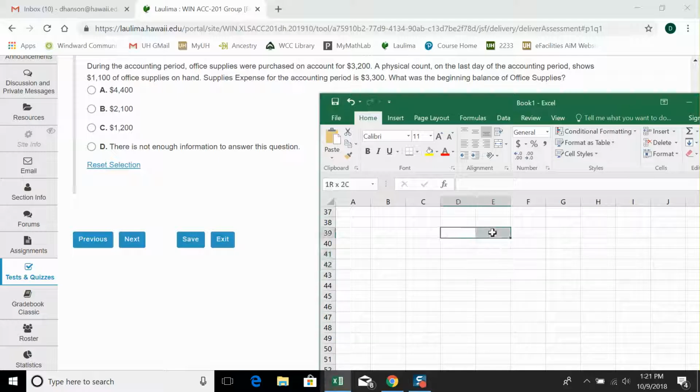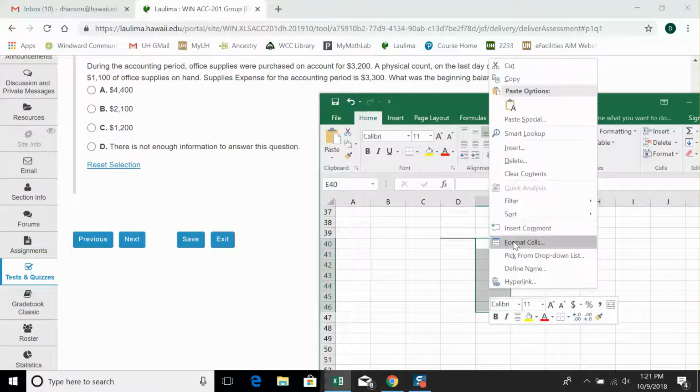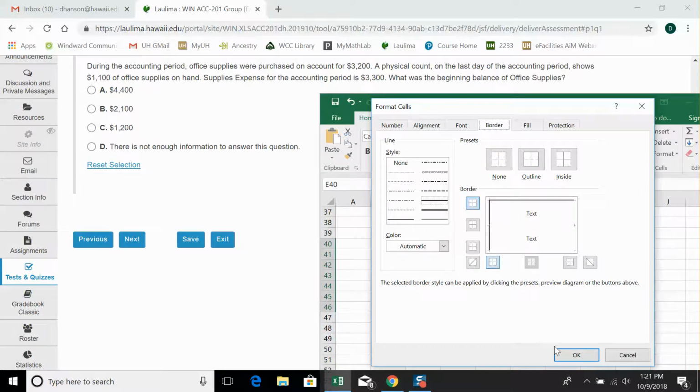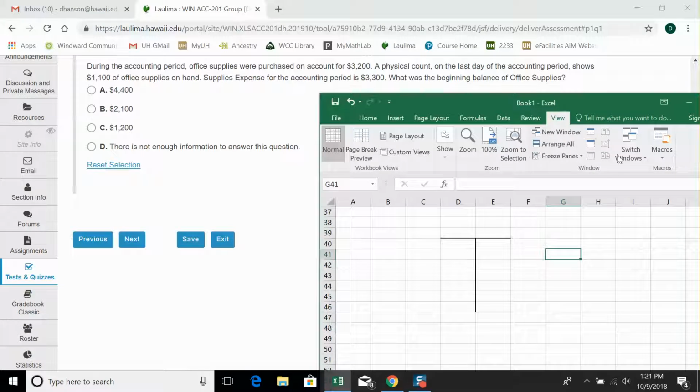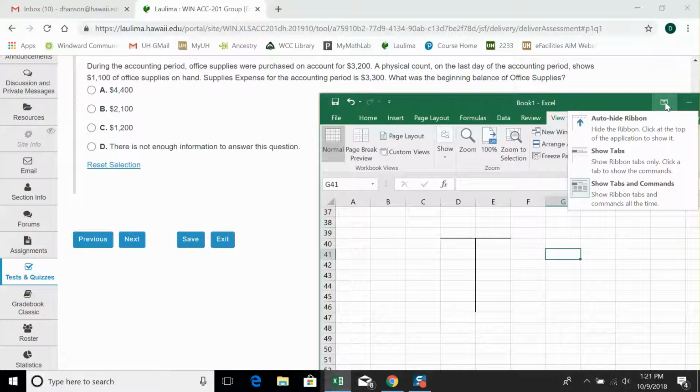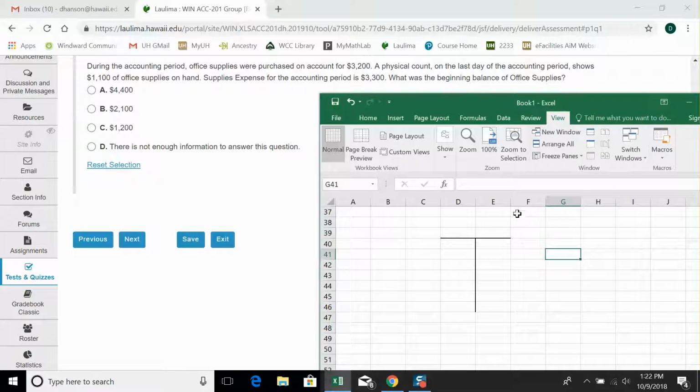So again, we're in a situation where the T account becomes very handy because we can diagram what happened. Okay, so we're going to label this account office supplies.